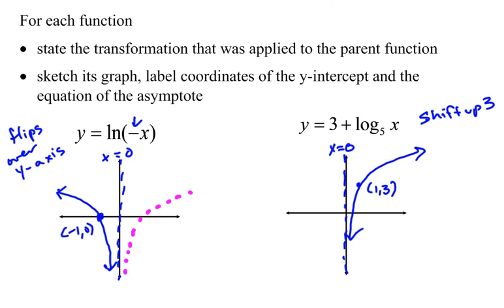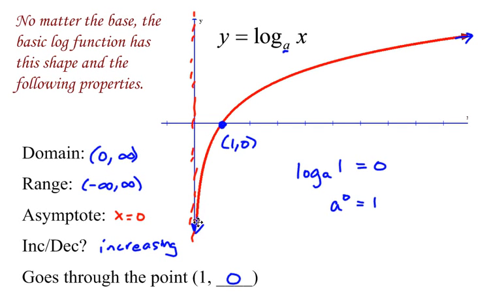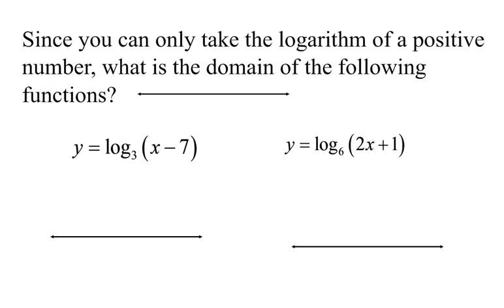All right. So the other big thing about these curves is that the logarithm can only take positive numbers. Remember, look back to the graph. Our domain only has positive numbers when it's x. And so when we have something like this, we know that this inside part, x minus 7, has to be greater than 0, which means x has to be greater than 7.